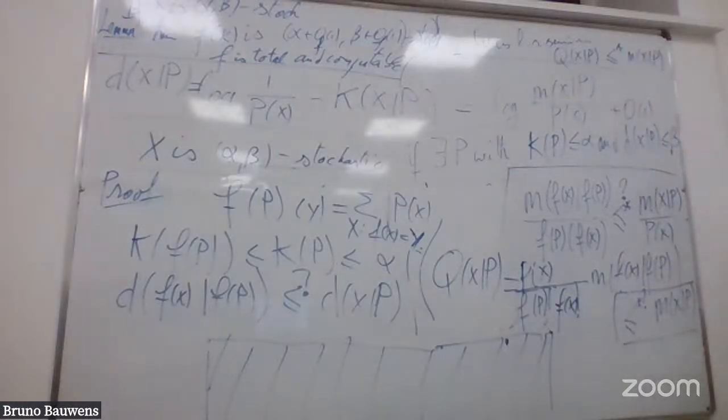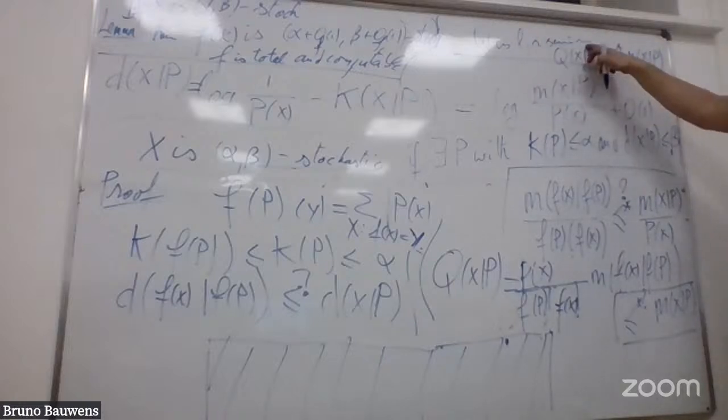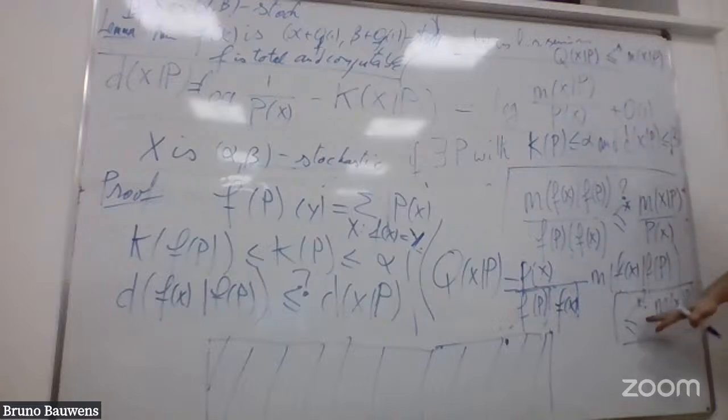So is there a step you want to ask about? So we have inequality from this, and here we assume that Q is a semi-measure and it's Lower semi-computable. So there can be only a problem there. Okay, so assume you agree that it's Lower semi-computable and it's a semi-measure. You agree that we conclude an inequality.